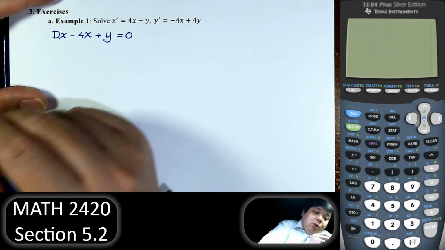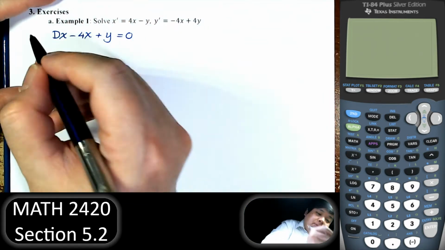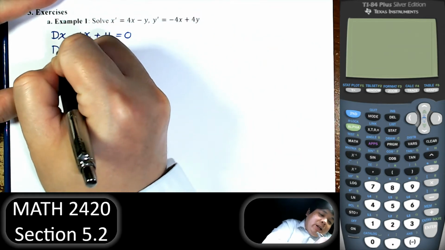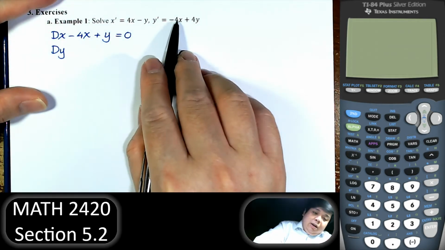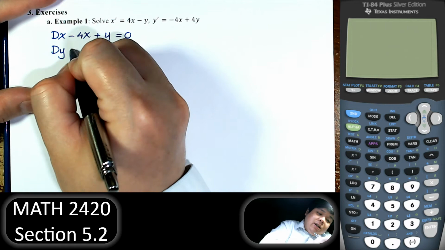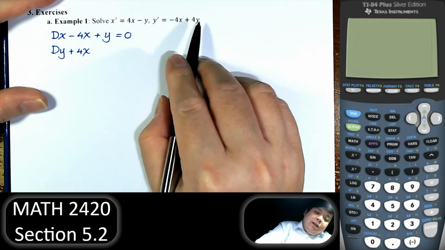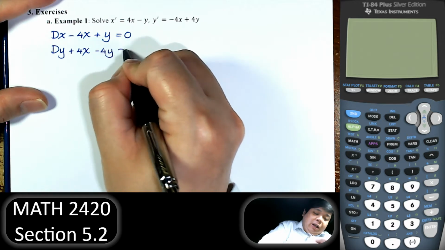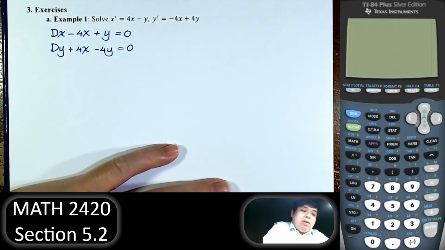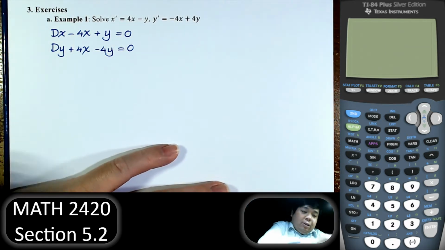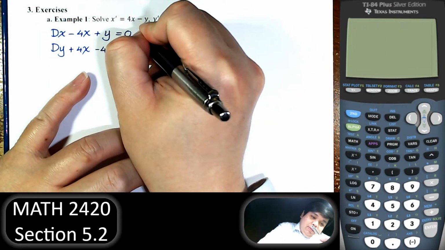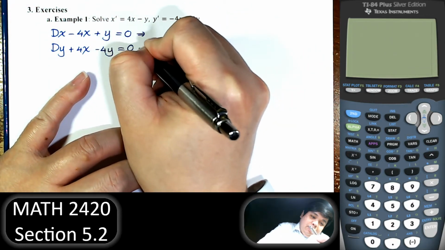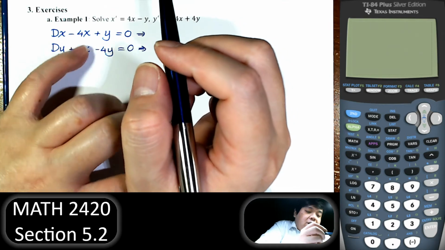Now, do the same thing for the second equation. Y prime, that will be Dy, minus 4x to the other side, plus 4x. And then minus 4y equal to 0. Right? Now, let's just factor out the x.